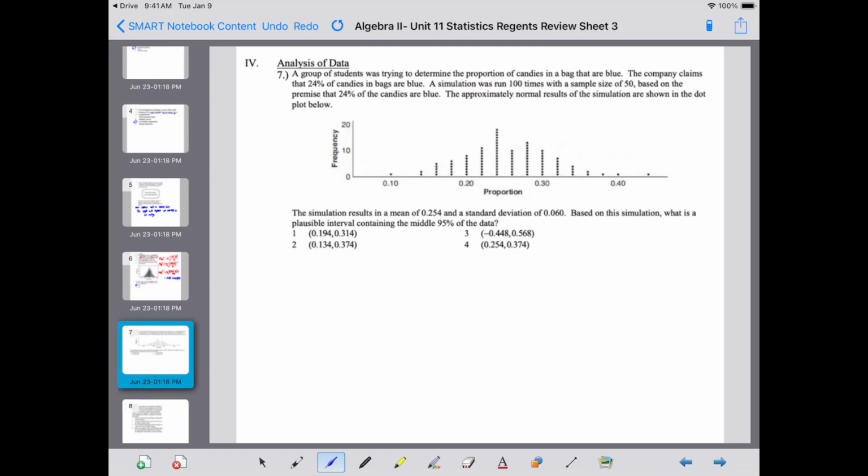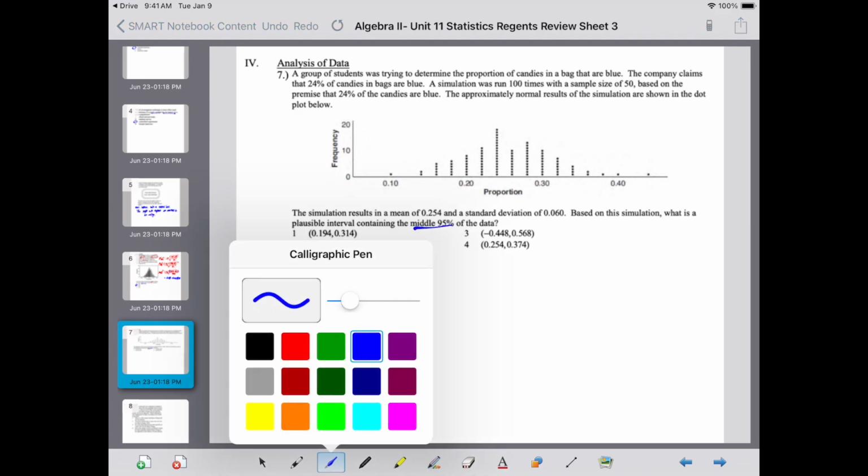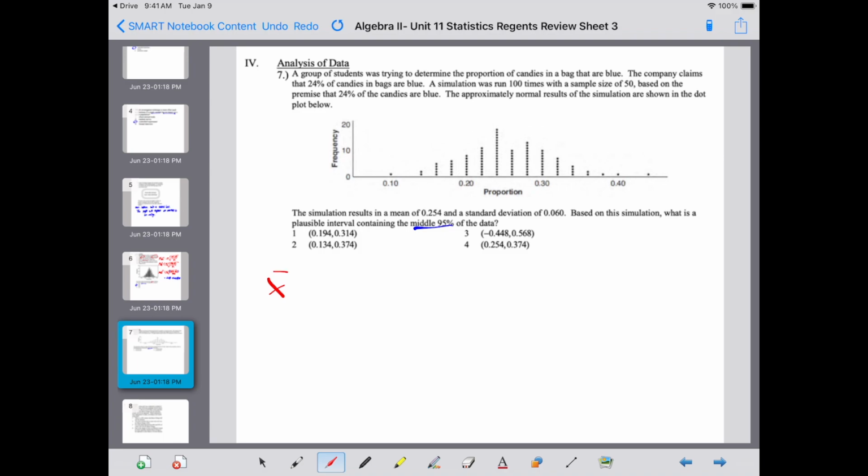Okay. In this one, they want you to find the plausible interval contained in the middle 95%. Again, middle 95%. You're going to take the mean, subtract 2 standard deviations. Take the mean, add 2 standard deviations. Mean is right here, standard deviation is right there. They could say mean, they could say average, right? Synonyms.